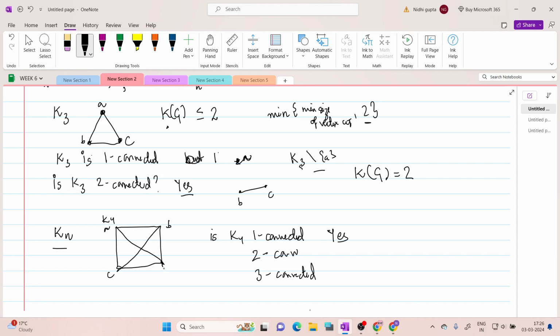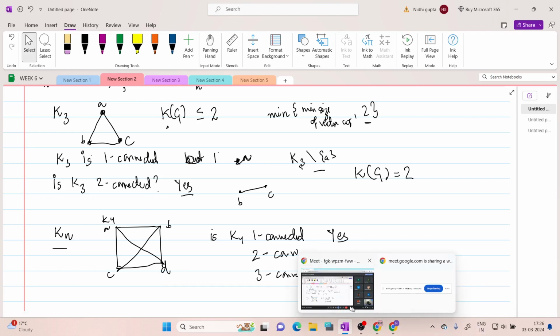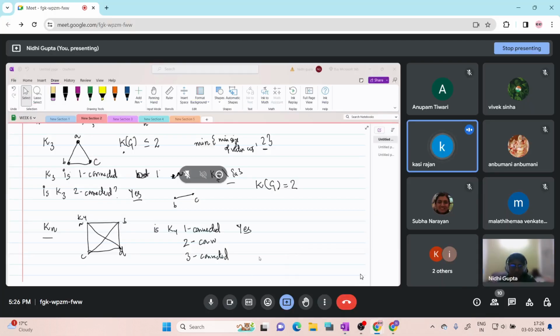If K4 is 2 connected, that means if we remove one vertex, then the graph remains connected. Yes, ma'am, it is 2 connected because it is a complete graph. If we remove one vertex, the new graph that we get is K3.